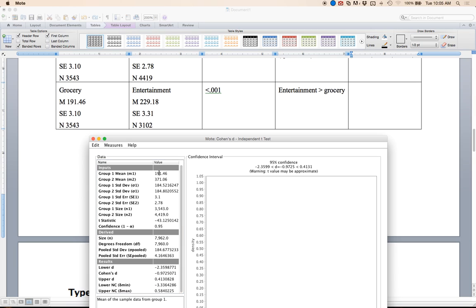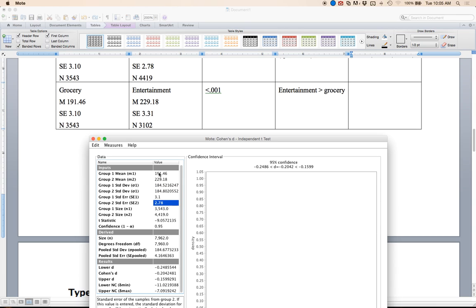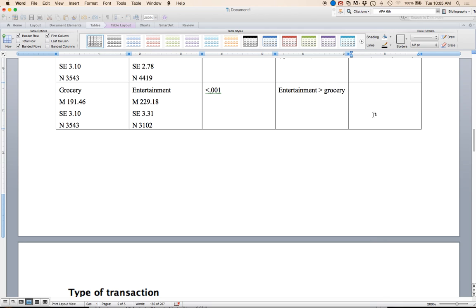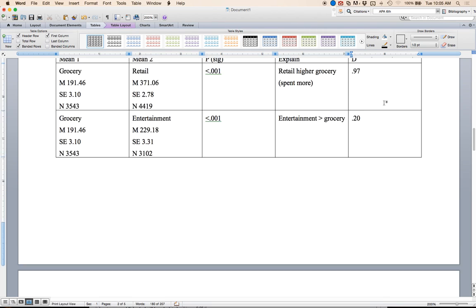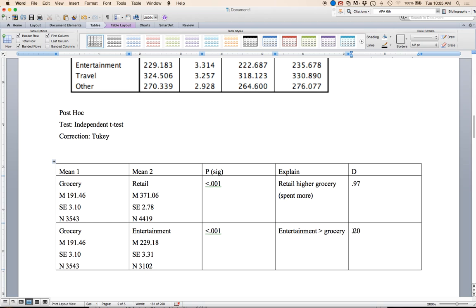So I got 191, that's correct. 22918. My standard error is right for that one. I got 3.31. And my N values, 3543, 3102. So Cohen's D for this one is 0.2. So it's a much smaller difference than the first one, okay, which makes sense. Those means are closer together.